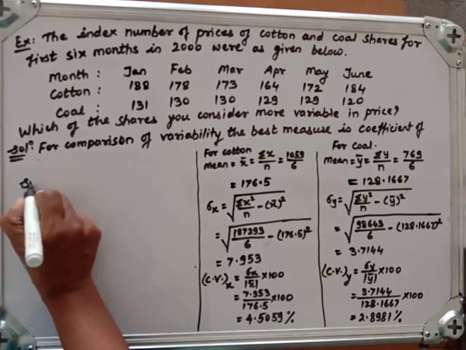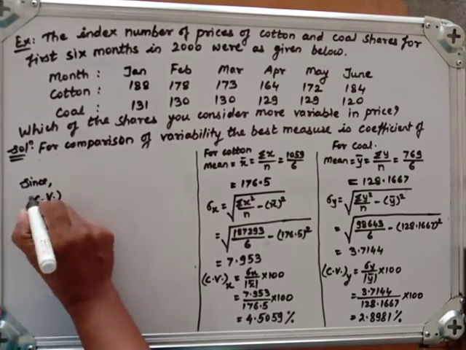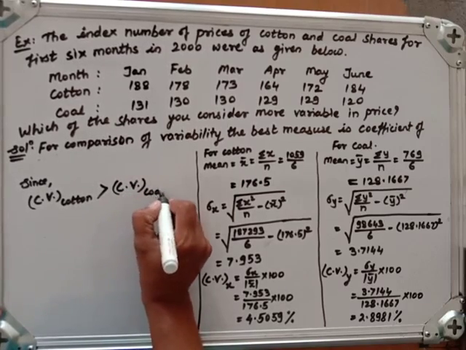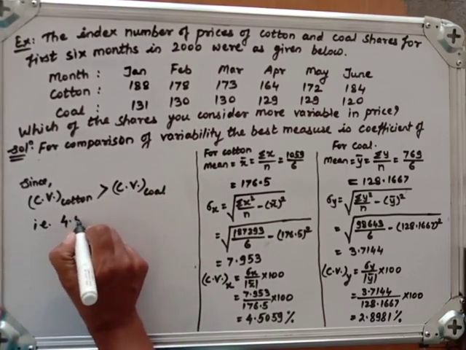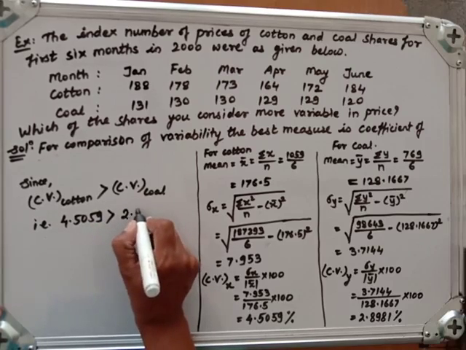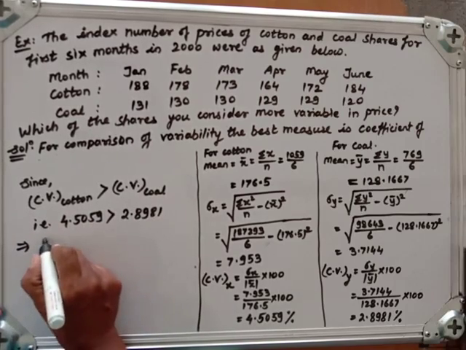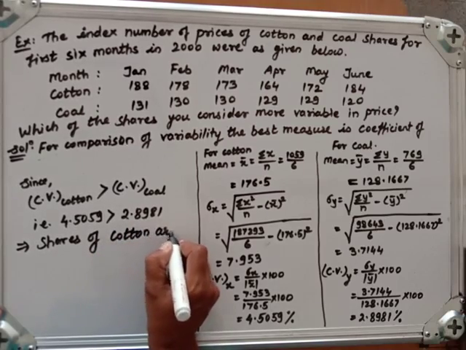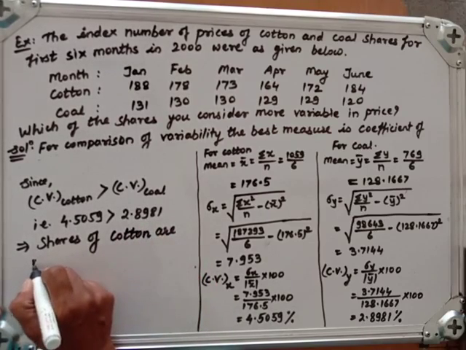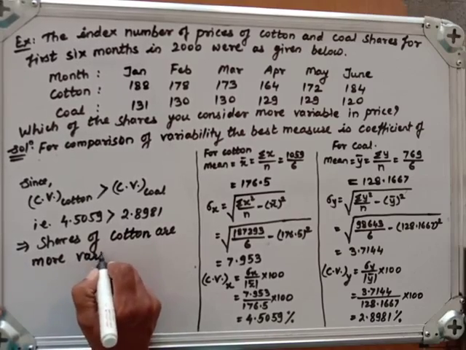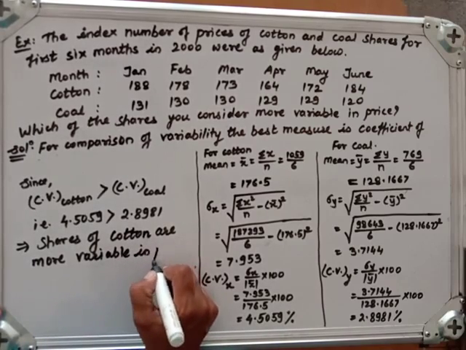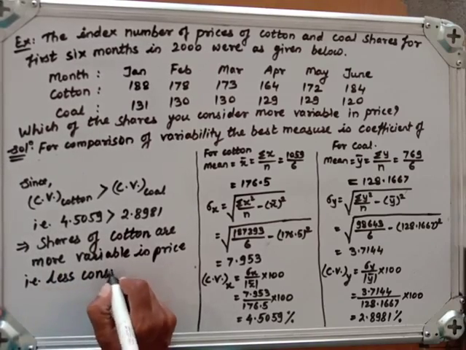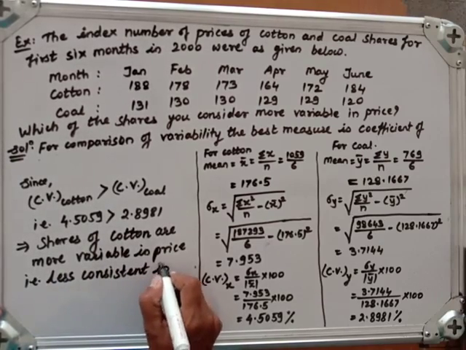We will write: since CV for cotton, X, is greater than CV for coal, that is 4.5059 is greater than 2.8981, this says shares of cotton are more variable in price, that is, less consistent in price.